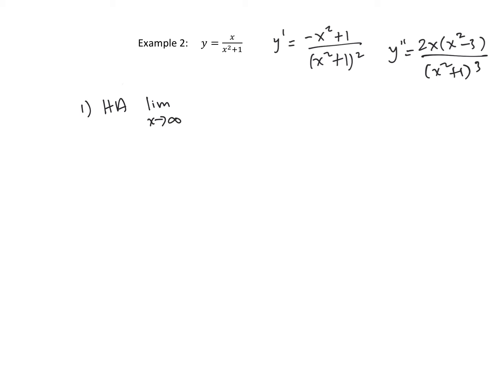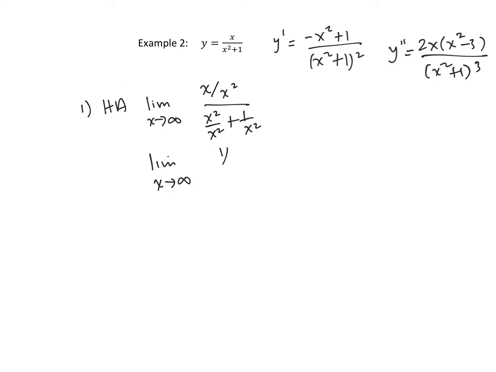We take the function and divide by the greatest degree. So I'm going to take the numerator, divide by x squared, and take each term in the denominator and divide by x squared. Let's see what we get.